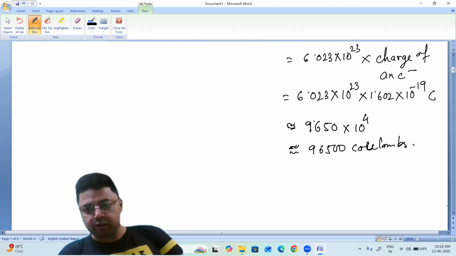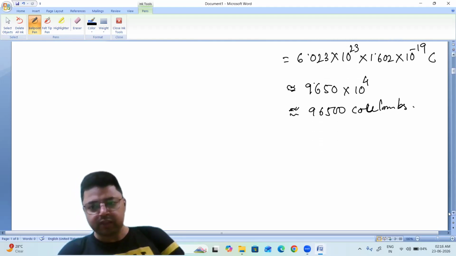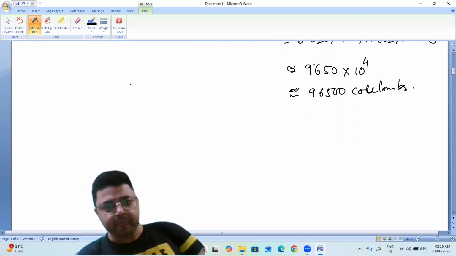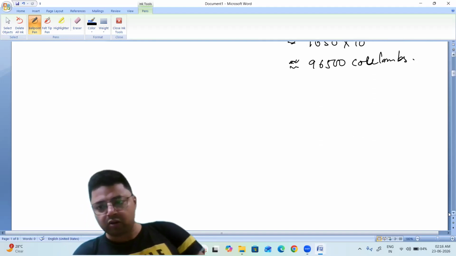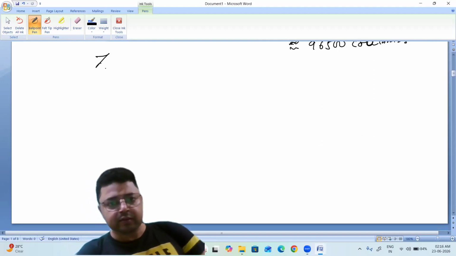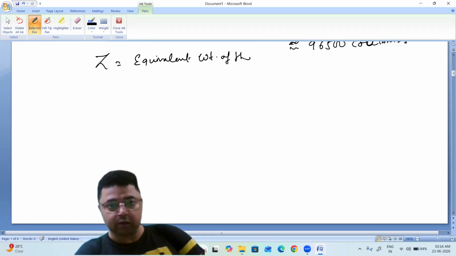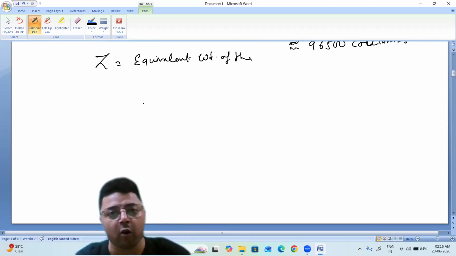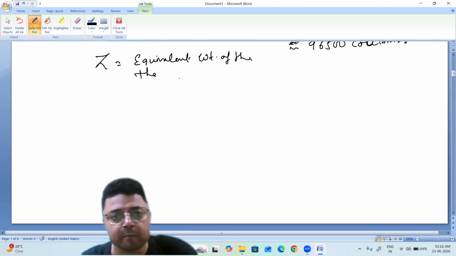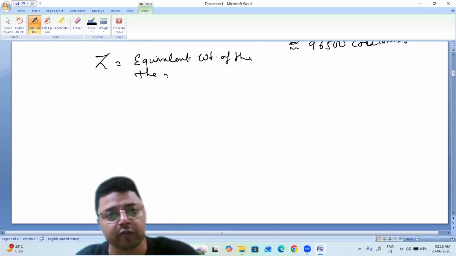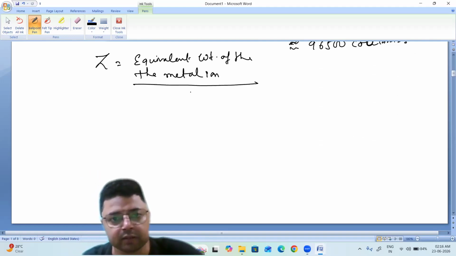Now you will write the electrochemical equivalent, or Z, as equal to the equivalent weight of the metal ion divided by 96500 coulombs.